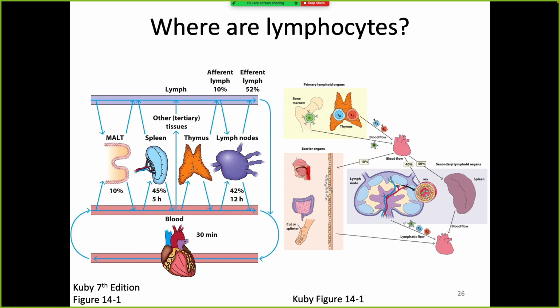However, as you can see, those cells are often leaving the blood to go either to mucosal tissue, spleen, or lymph nodes, and they might stay there for a few hours and then either go back to the blood or go to other tissues through the lymph. And so this is kind of what we're talking about when we talk about the periphery.